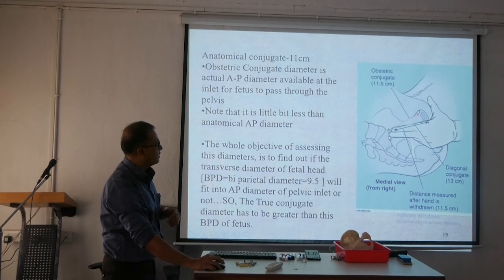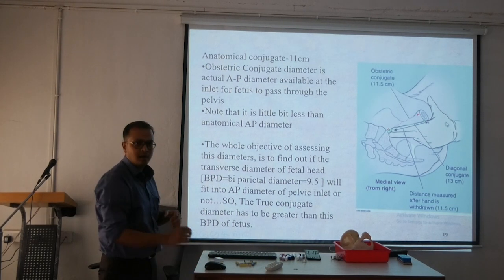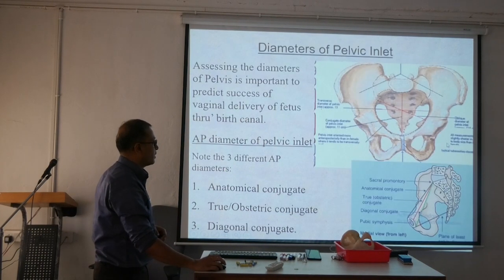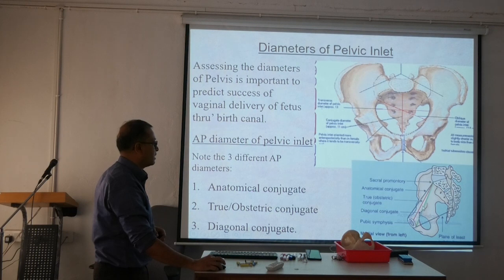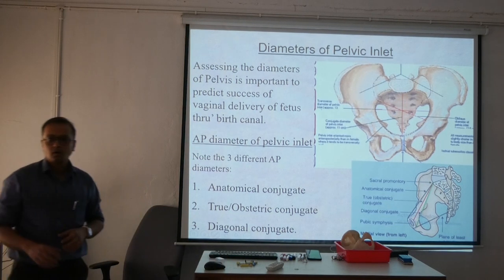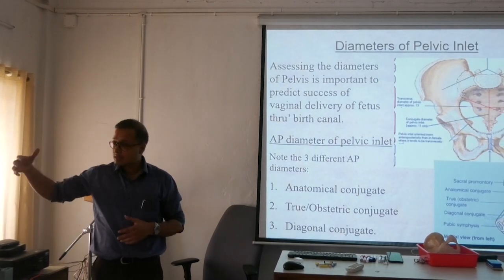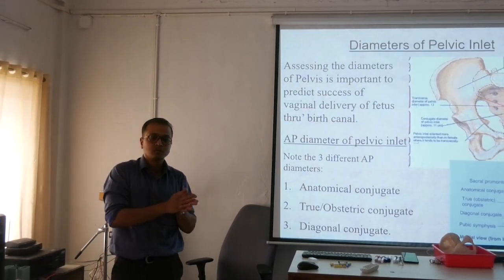This is the middle finger which is touching here. From the middle finger to this particular length, we measure it and subtract it. We get this line, the point of concern for us, this red line, which is the true conjugate or obstetric conjugate. Obstetric means that's the point we are letting this birth tract process go through.